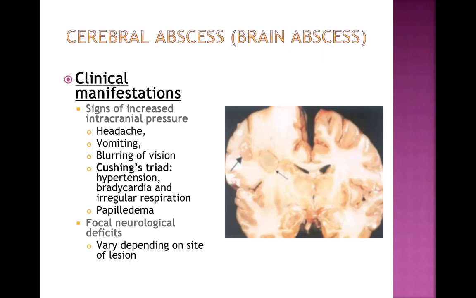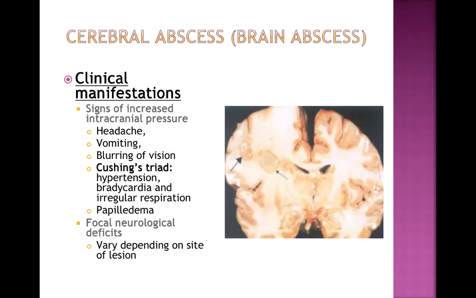If we examine the fundus, or retina of that patient, papilledema is very commonly seen. Papilledema means edema formation or swelling of the optic disc. There are certain focal neurological deficits which are very common in brain abscess. It depends which area of the brain is affected and how big is the abscess.